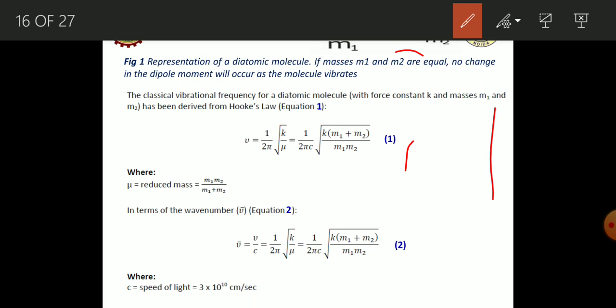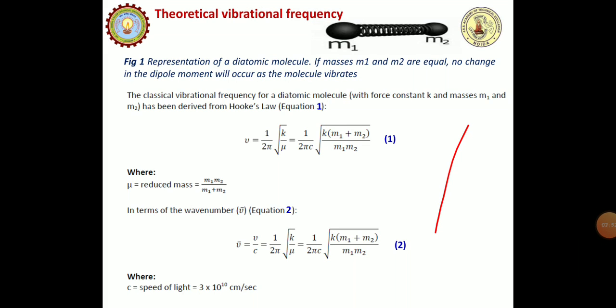In a diatomic molecule, if the masses of both atoms are equal, there is no change in dipole moment, so the molecule is infrared inactive. If the two atoms have different atomic masses, a change in dipole moment will occur, so the diatomic molecule is infrared active.